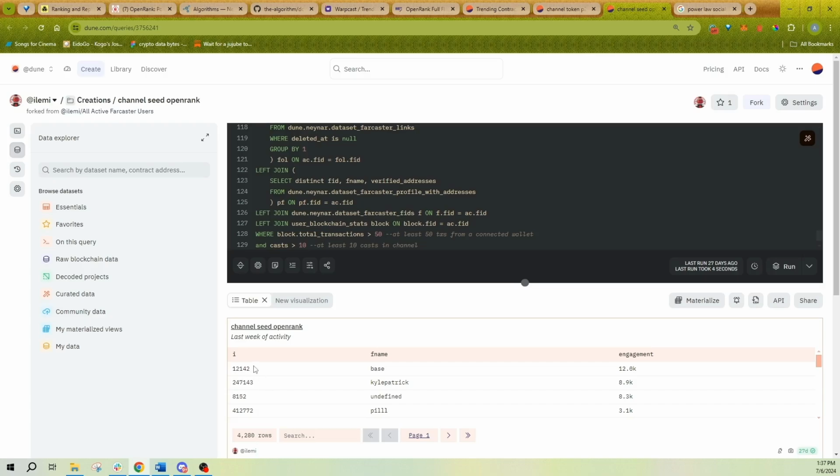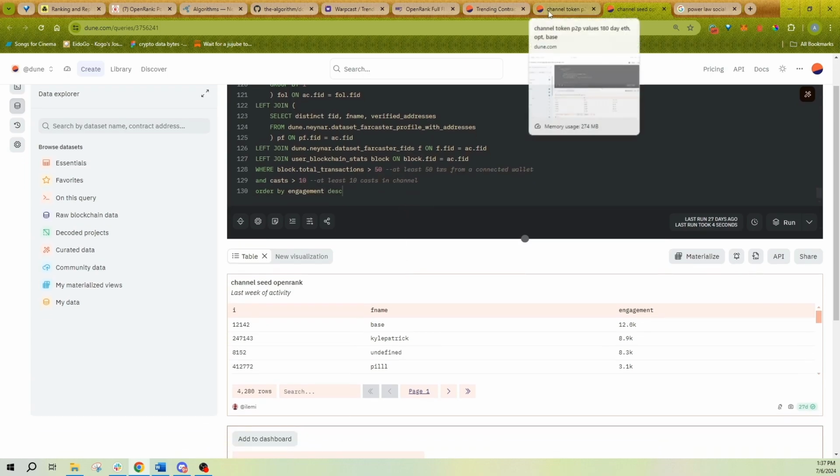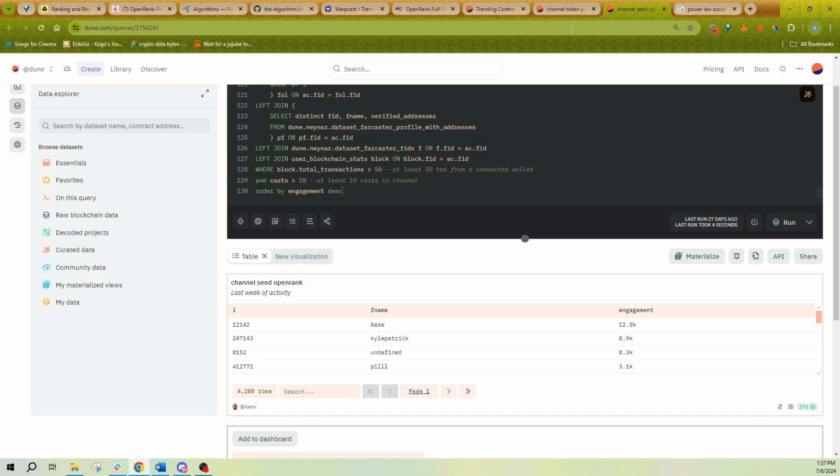Again, we're not going to use all 4,000 of them. That's just where I'm starting. Next, I want local trust, which is how I'm connecting the nodes and relationships of the base channel casters. So I could have used how much they're liking or replying to each other, but I wanted to use an on-chain metric instead because, again, we're recommending on-chain contracts.